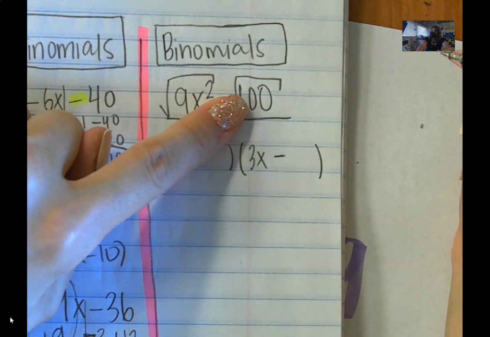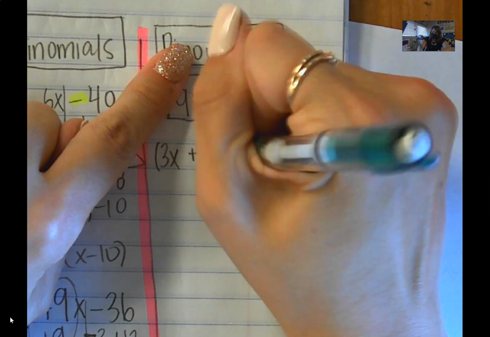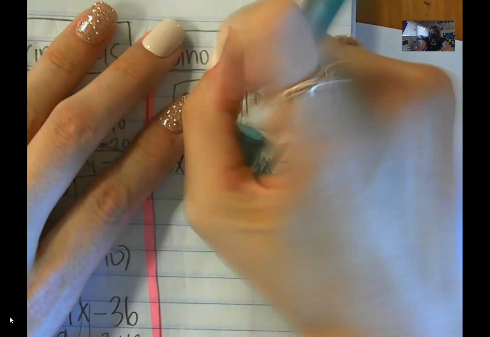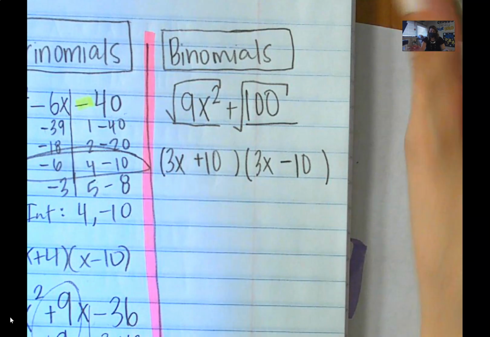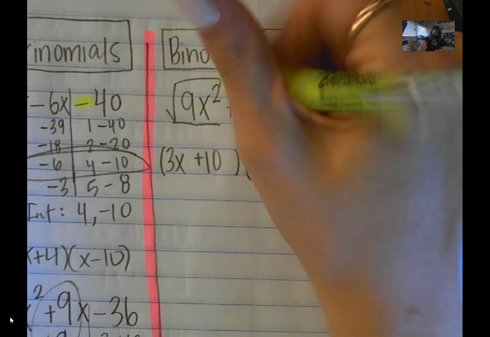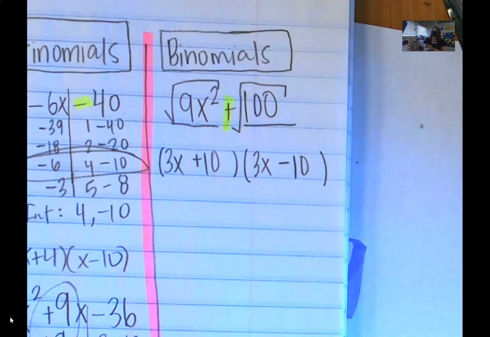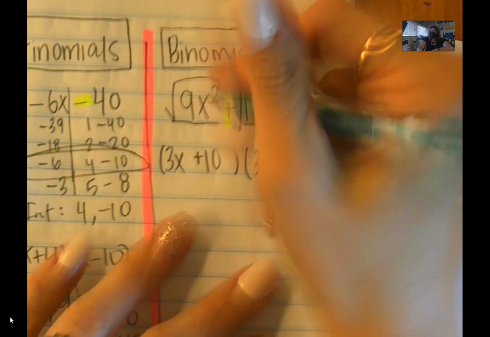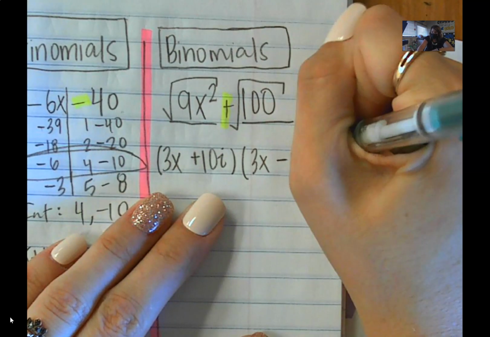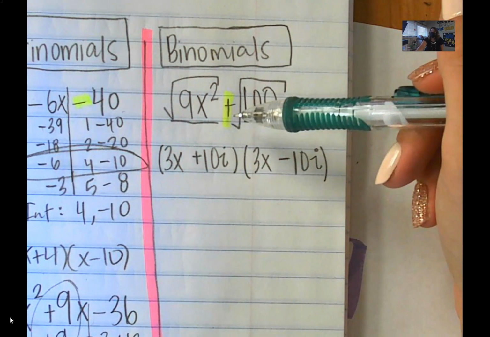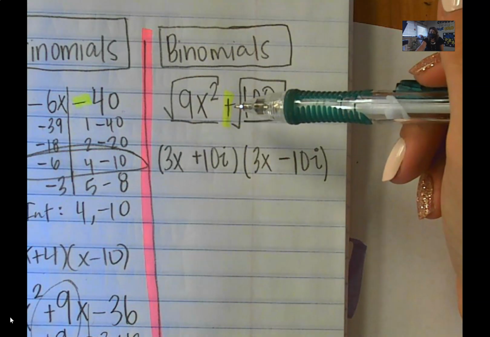The root of 100 is 10. But this guy has an issue. What is the issue? You need the i, because this guy's a plus. So in order to make this work, we need to put an i on the end. You only do that when you have an addition sign. All of the other ones are fine.